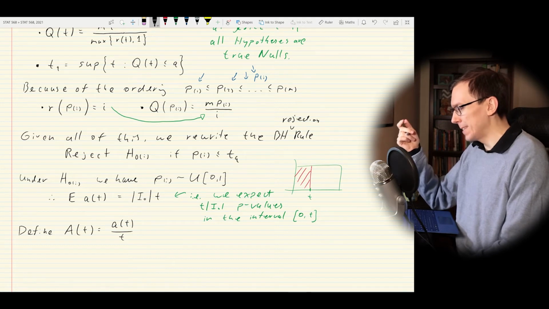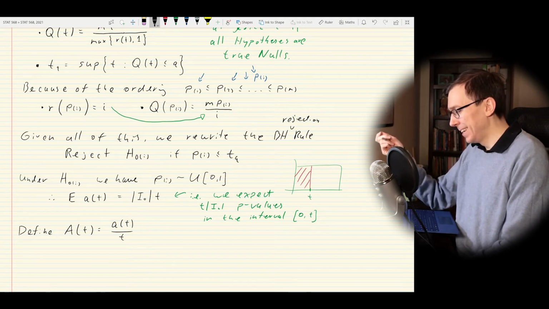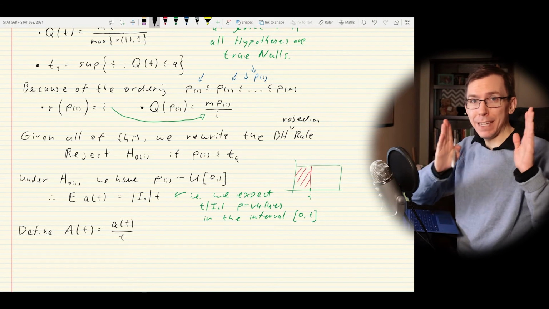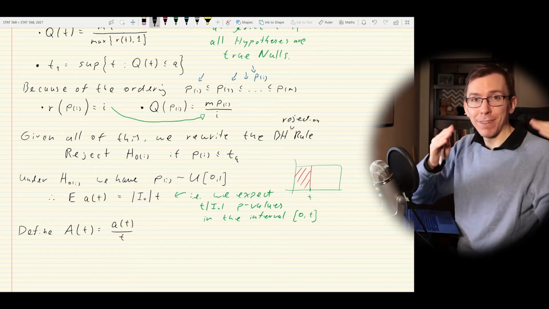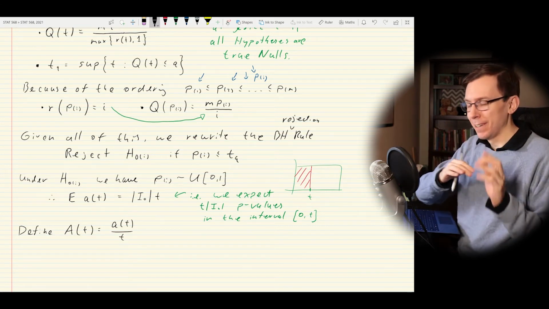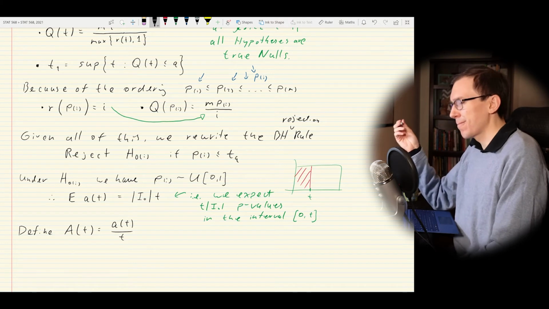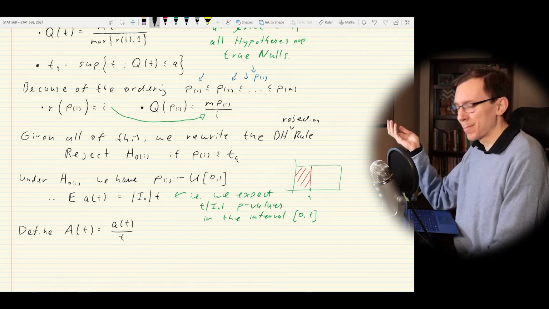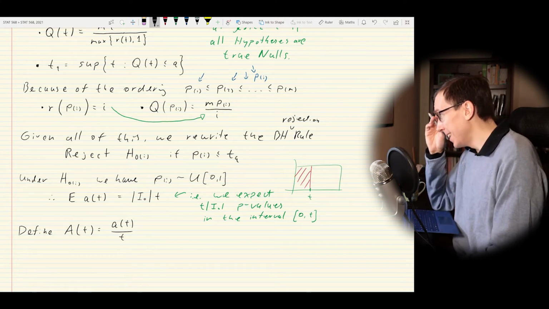AT is the number of false rejections, that is, the number of p-values that lie in that interval. I'm dividing by the length of the interval, so it's kind of like normalizing it a bit.